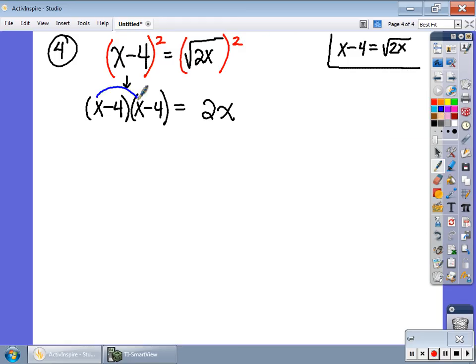So we're going to go x times x, that makes x squared. We're going to go x times negative 4 is negative 4x. We're going to go negative 4 times x is negative 4x. And finally, we're going to go negative 4 times negative 4 is positive 16.